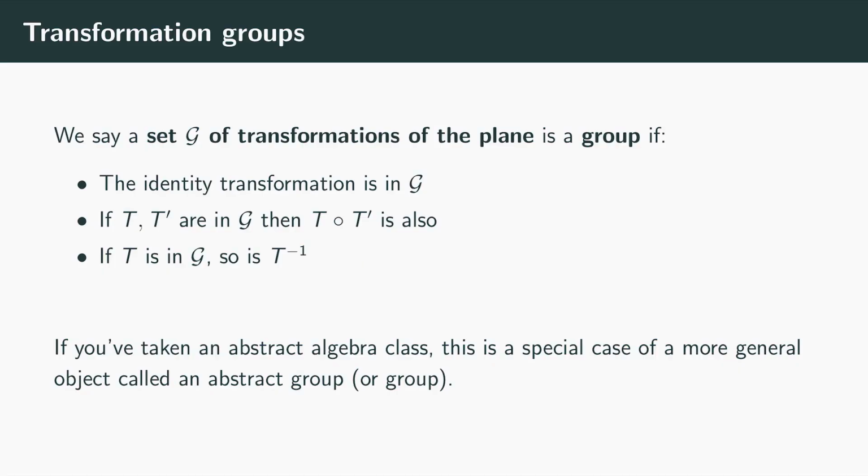The first one is that the identity transformation is in my set G. The second condition is that if you give me two transformations that are in the set G, then the composition of the two, T composed with T prime, is also in my set script G. And finally, I want that if T is in script G, then T inverse is also in script G.